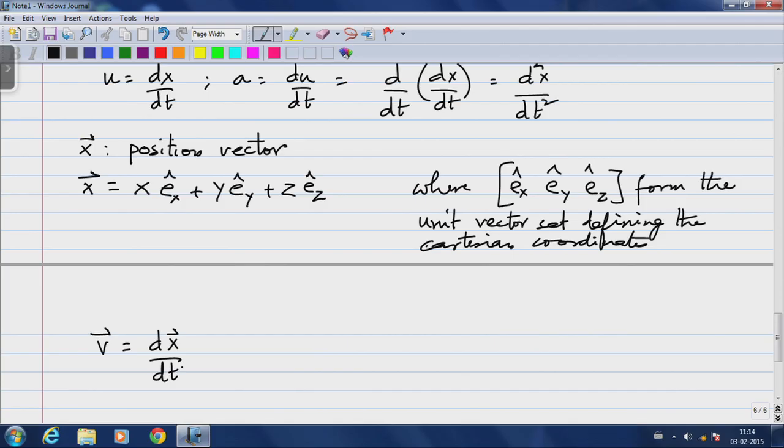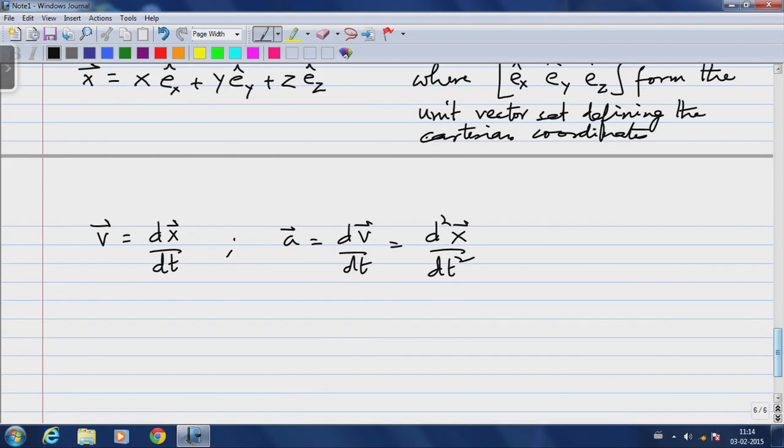Okay, so, if I now start with this definition of the position vector, I can define a velocity vector as dx/dt and the acceleration vector as dv/dt, also d²x/dt². Now, in Cartesian coordinate systems, these are fairly elegant to explicitly write out. So, this would be dx/dt Ex plus dy/dt Ey plus dz/dt Ez.